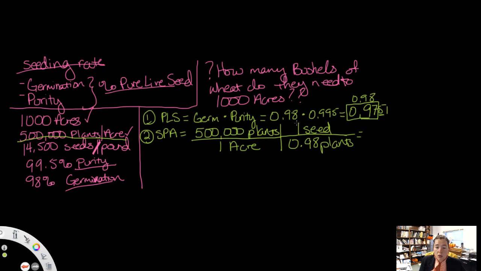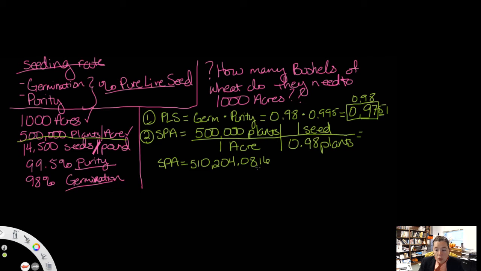So if we do that, we've got 500,000 times 1, and then we're going to divide that by 1, which does nothing, and then divide it by 0.98. So our seeds per acre is 510,204.0816.